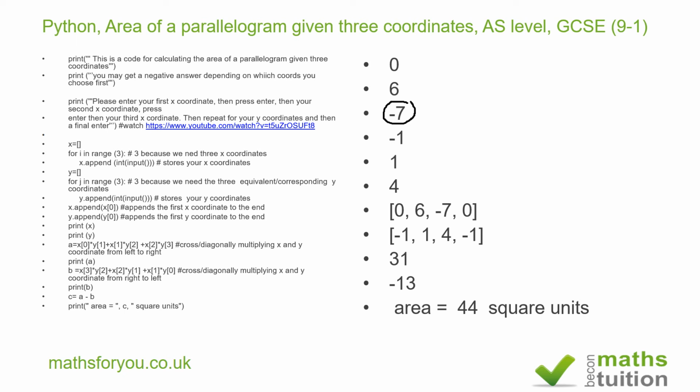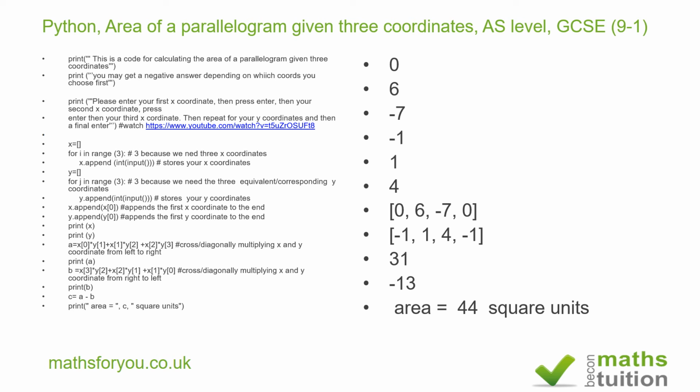Okay, now this is your first Y coordinate. This is your second Y coordinate that you entered yourself. Now don't forget that up to this point, this is what you enter in there. Okay, and this is your third, occupying position 2 on your Y list.